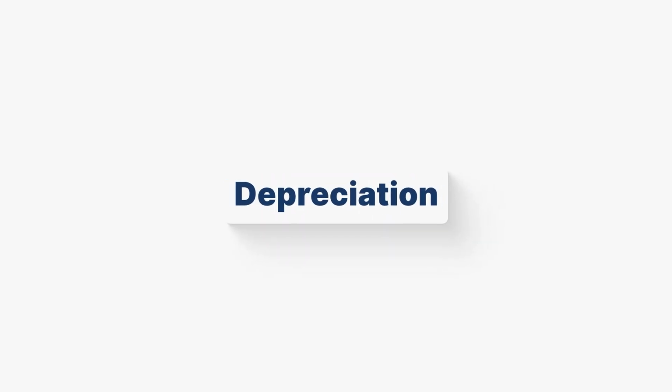And now let's move to the last formula of this video. Depreciation. Depreciation in real estate refers to the loss of value a property experiences over time due to wear and tear, age, or obsolescence. It's essential for appraising property value and calculating tax deductions for investment properties. There are two formulas we use for depreciation.